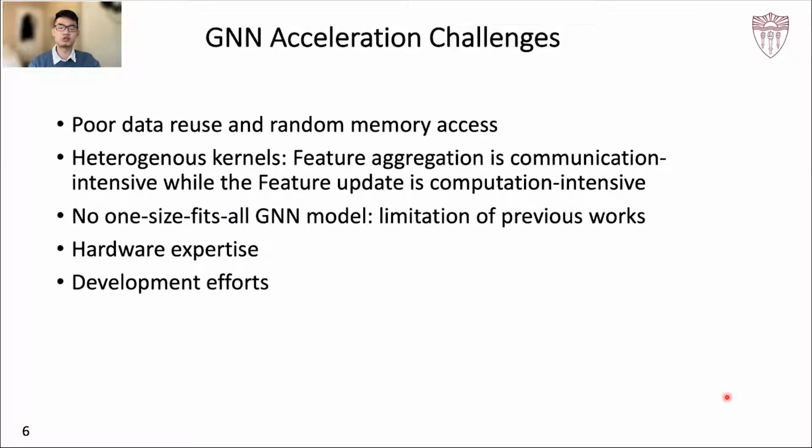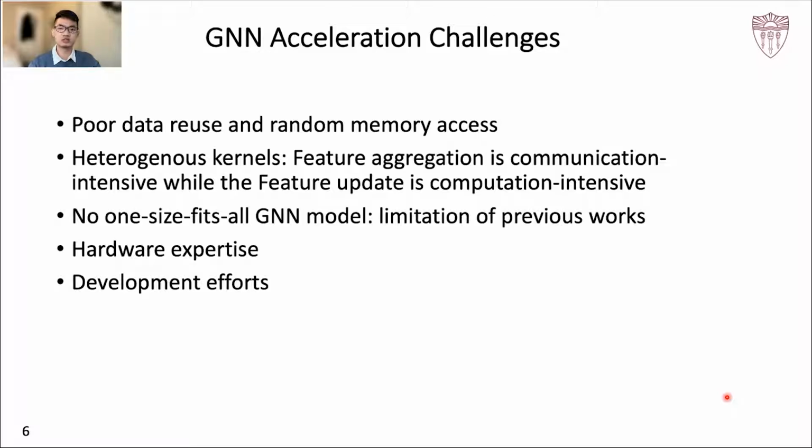There are many challenges when it comes to accelerating graph neural networks. First, graphs are very sparse data. So when we're doing GNN computation, it usually suffers from poor data reuse and random memory access. Also, GNN computation consists of very different characteristics.